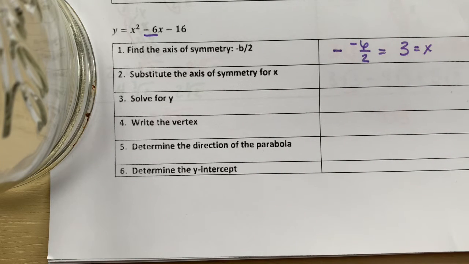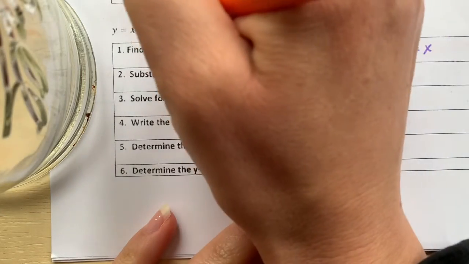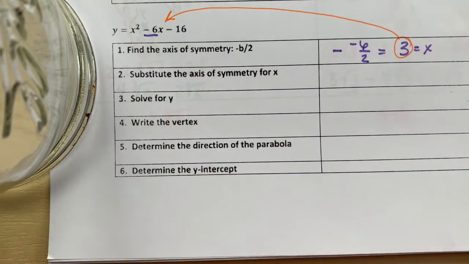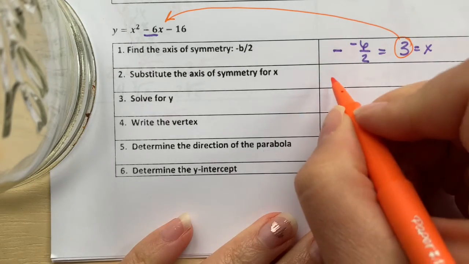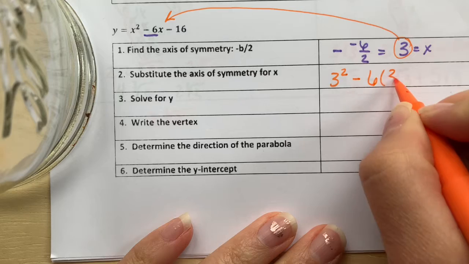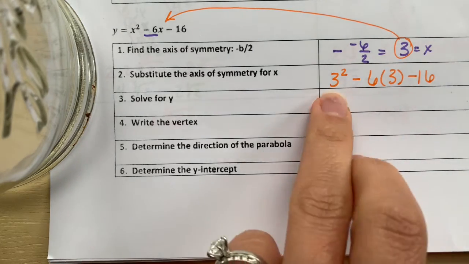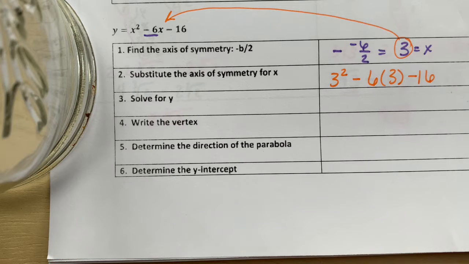Then we're going to take this positive 3. We're going to substitute it in for x everywhere we find x. So we have 3 squared minus 6 times 3 minus 16. All I've done is substituted in my 3.